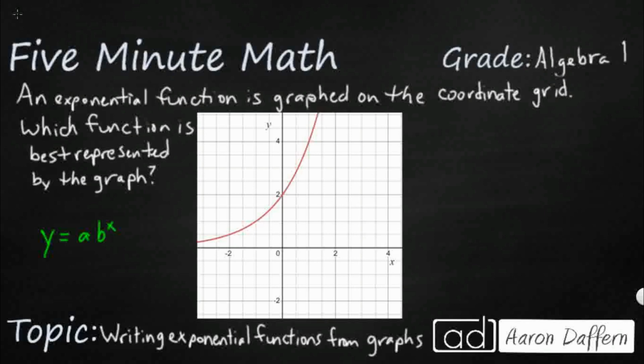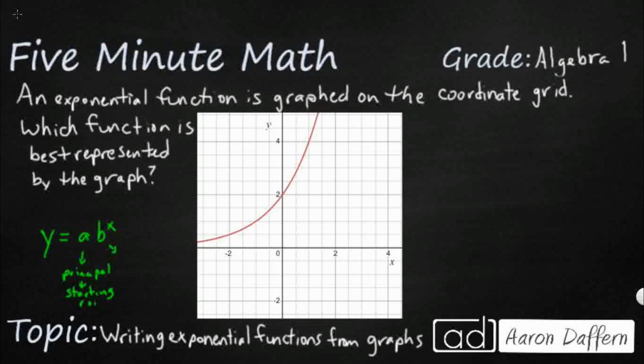And we know some things about the A, and we know some things about the B that are going to help us here. So the A is going to be our principal if we are dealing with compound interest. We can also view it as our starting point. So that's our constant. How much are we starting with?